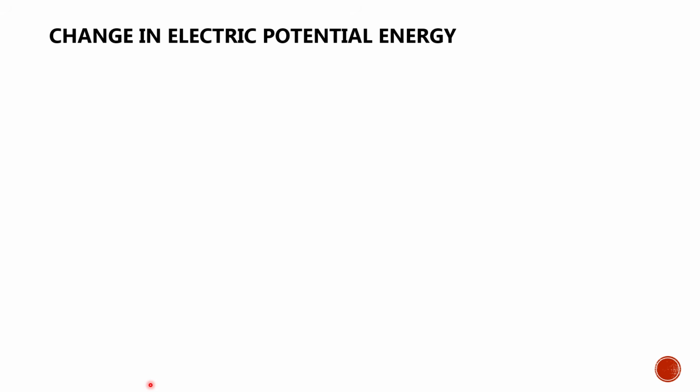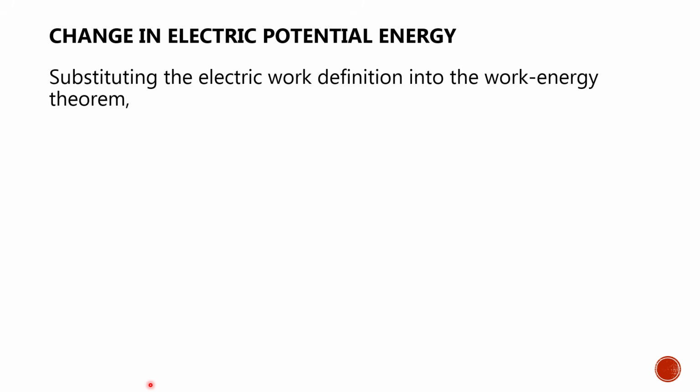Just like in mechanics, we can connect work to energy. Using the work-energy theorem, the work done on an object, in this case on a charge, equals the change in its kinetic energy. So QER is equal to the change in kinetic energy.